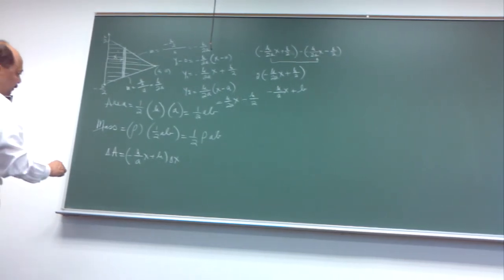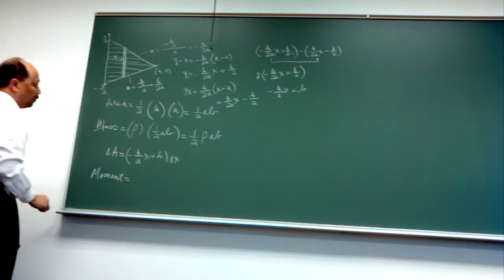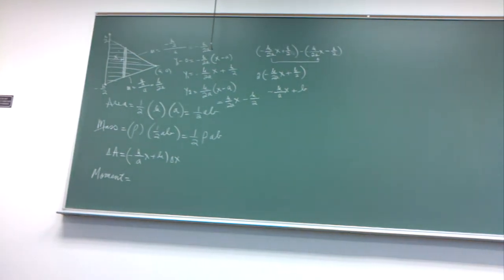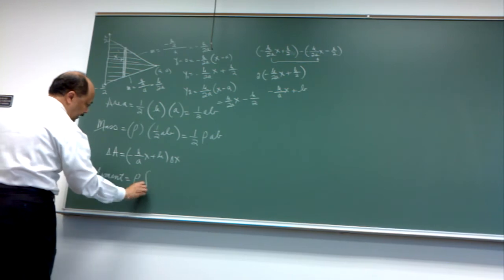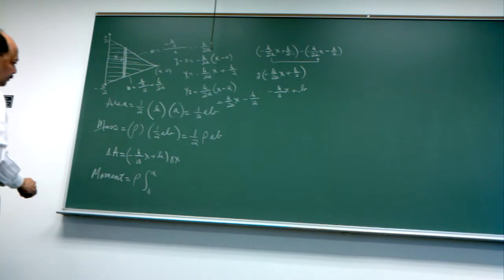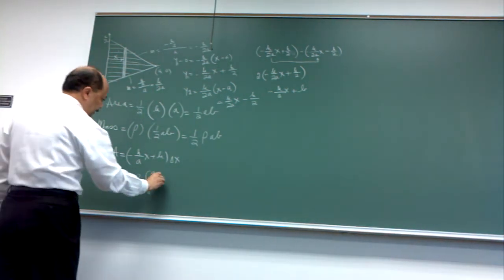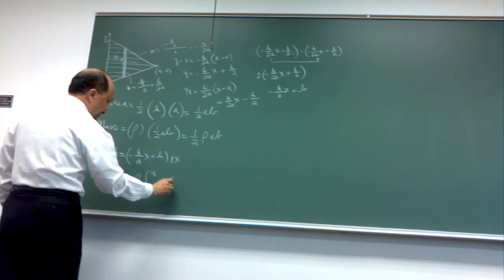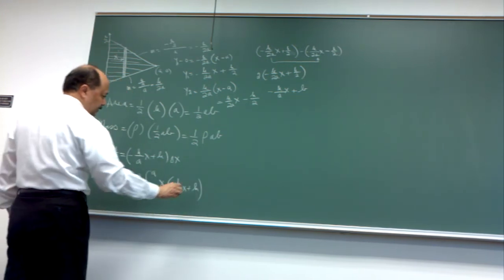And the moment will be equal to rho times the integral from 0 to a of x times negative b over a x plus b dx.